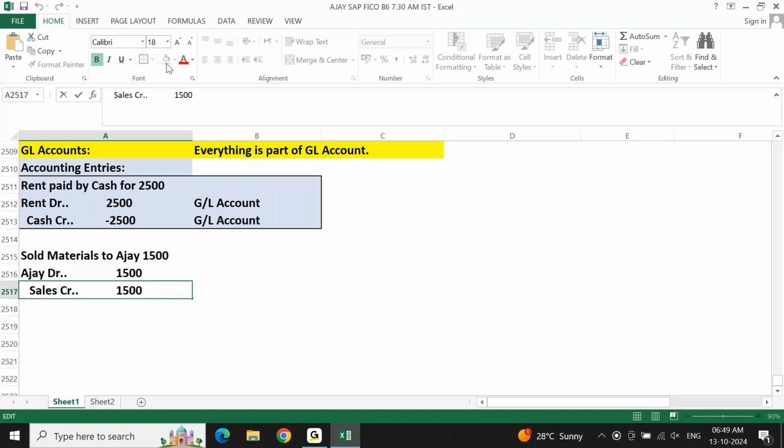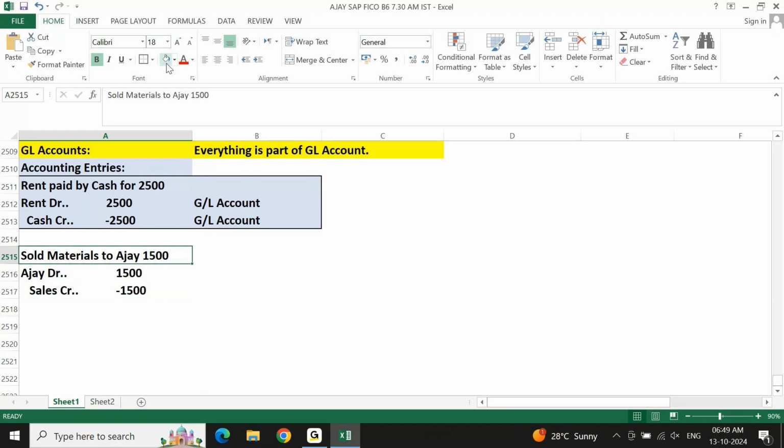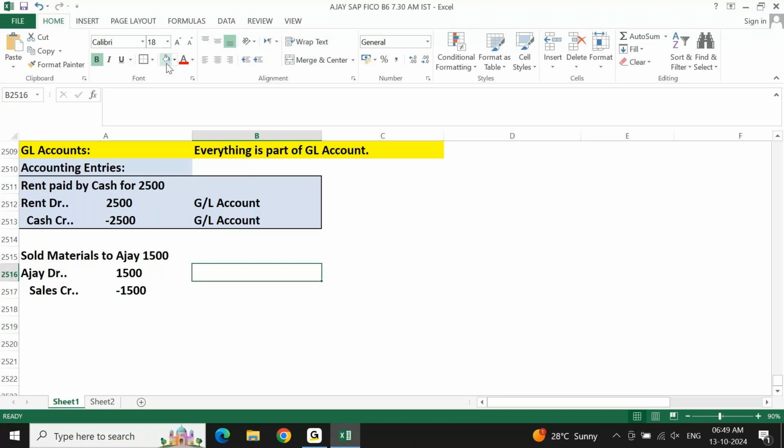Is this accounting entry correct? Yes, sir. What is this first account? It's subledger account. What subledger? Customer subledger. Customer account. What is the second account?